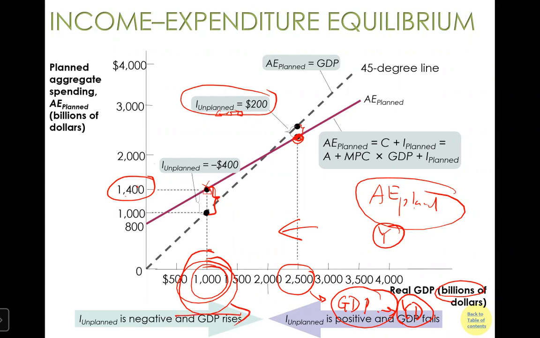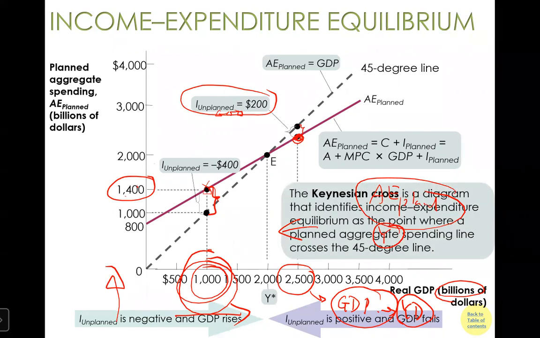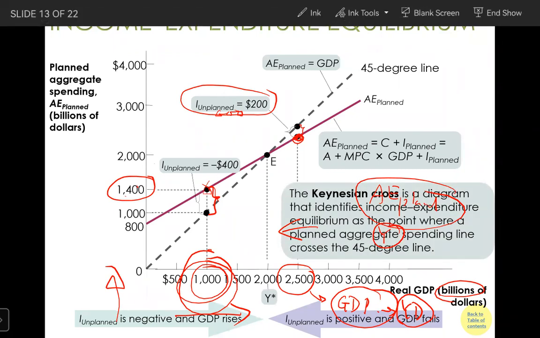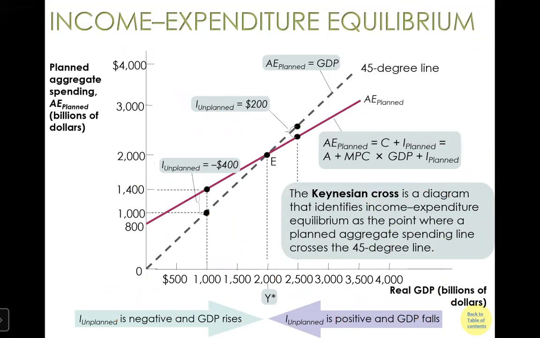We need to increase our production so that we can satisfy the need. All right? So you can see there's adjustment. So at the end, once we reach this point, we call this the Keynesian cross.